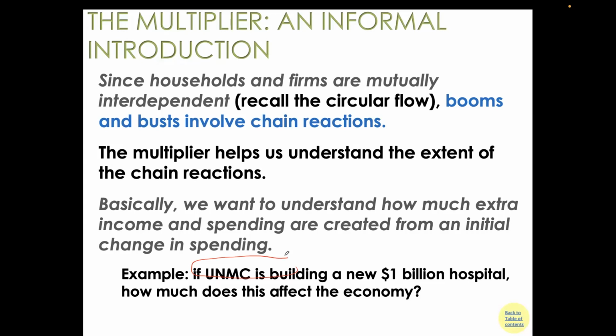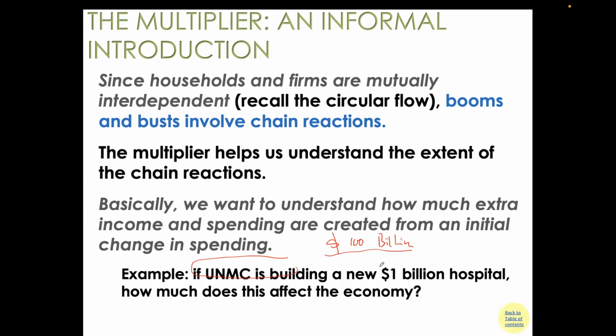Number two, to help you understand this question, let's say, for example, in a regular year, Omaha has a total GDP of 100 billion. The actual number, I don't know, but it's not very important. This also means the total spending is 100 billion and the total income is 100 billion.